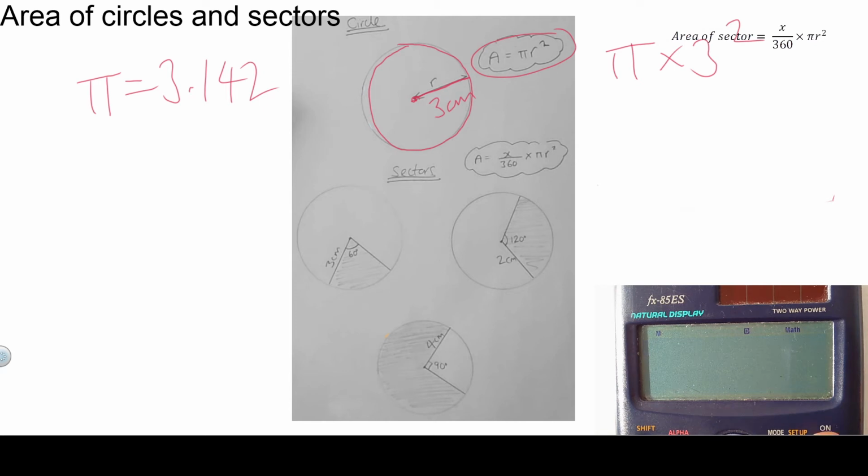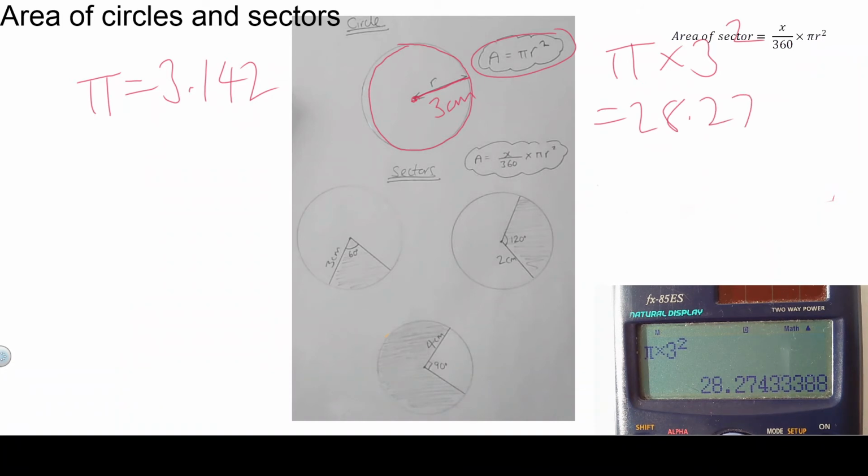But I've got a pi button on my calculator, so if you look at the bottom right hand side of the screen, pi times 3 squared, press the SD button, 28.27. Because the units are in centimeters for the radius, the area has to be centimeter squared.